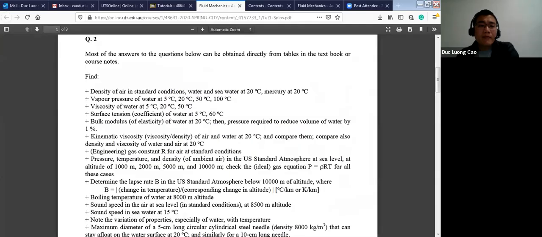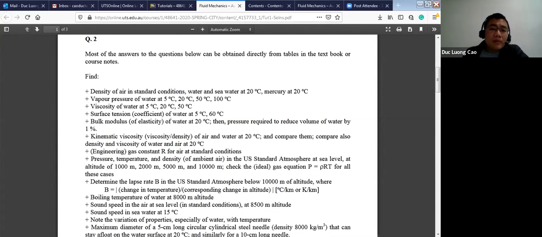Question 3, viscosity of water at 5, 20, and 50. Viscosity affects the movement of an object in a fluid. For example, in the car, you have oil, and the viscosity of oil will be higher than water. So when you choose oil for the car, you have to take care about the viscosity of the oil because it's different for different kinds of oil.